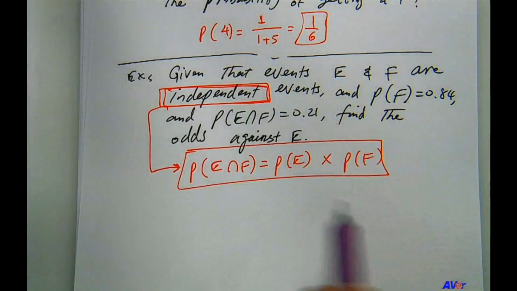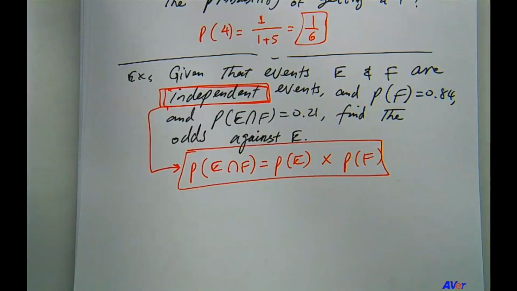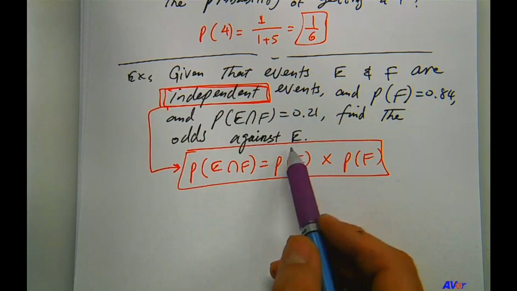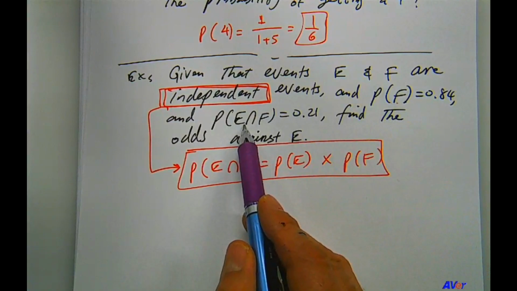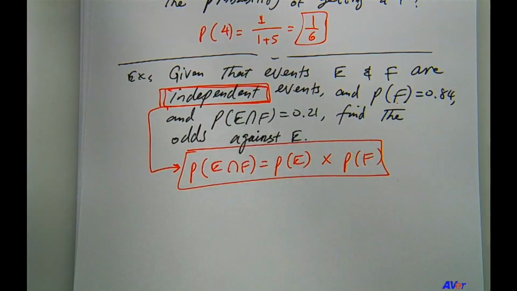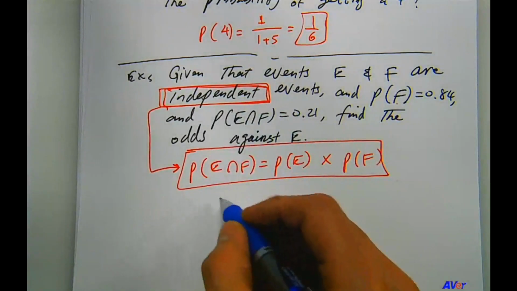And so we're looking for odds against E, so we need the probability of E and that E hasn't occurred. Well, how are we going to find out the probability of E? Because right now we know the probability of F and E intersection F, but not E. Well, fortunately, the events we are told are independent, so we can use this formula.